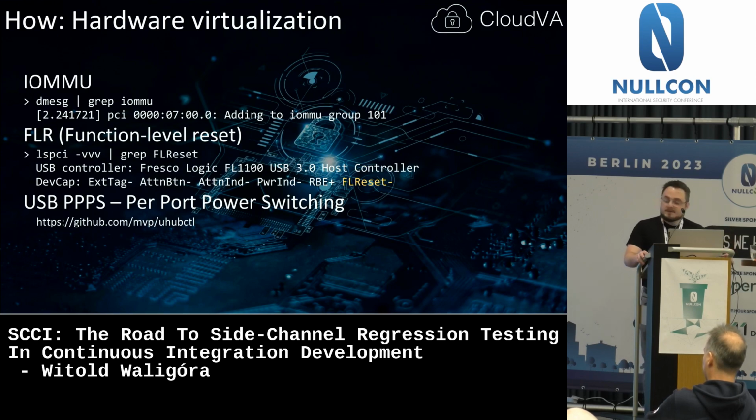And here's a Fresco controller that we use that doesn't have the FLR capability, but it's actually the most stable controller that we have currently. And for USB PPPS, there's a great GitHub repository with a list of USB hubs that support it. Basically, you need to test a couple, and then once you find one that works, we just bought like 20.